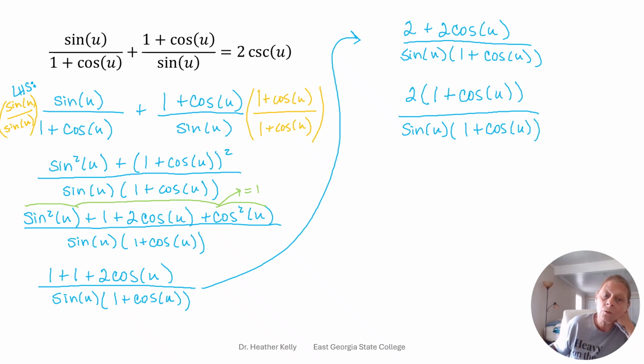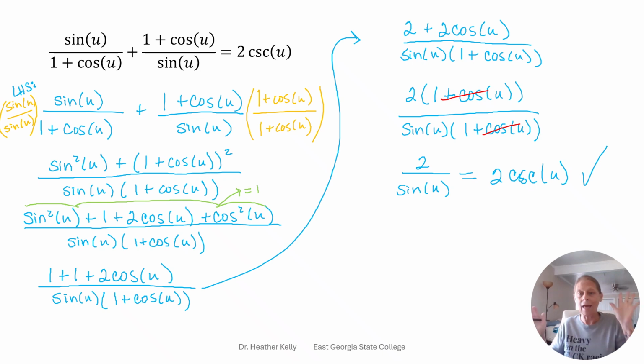And oh, yay, look at that. Those guys go away and we're left with 2 over sine u, which is equal to 2 cosecant u.